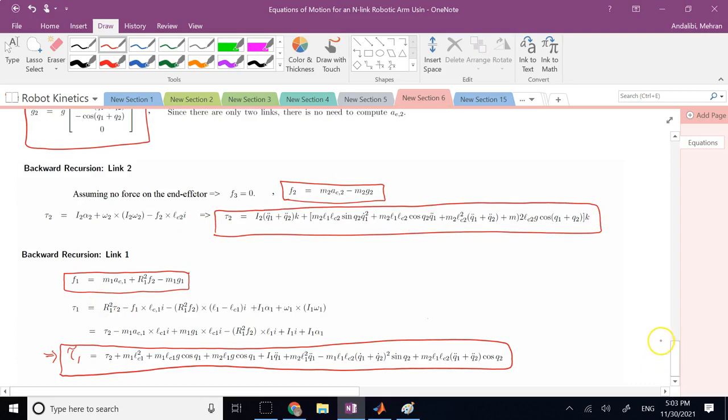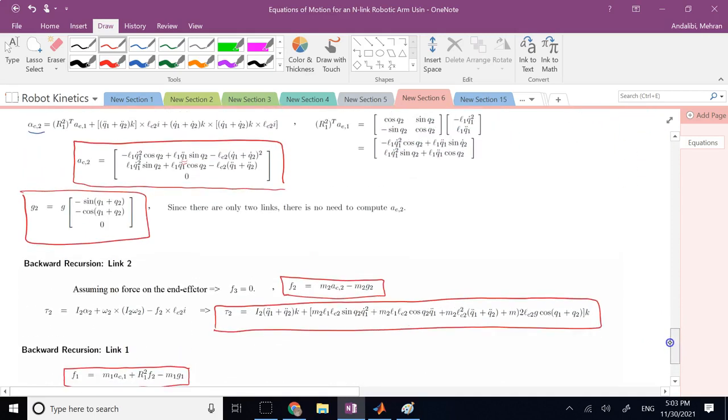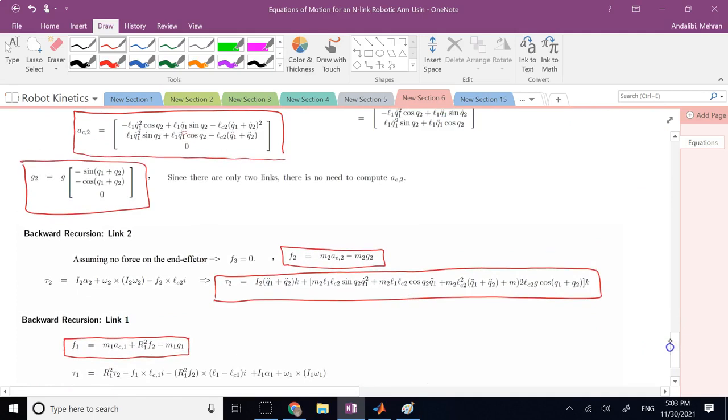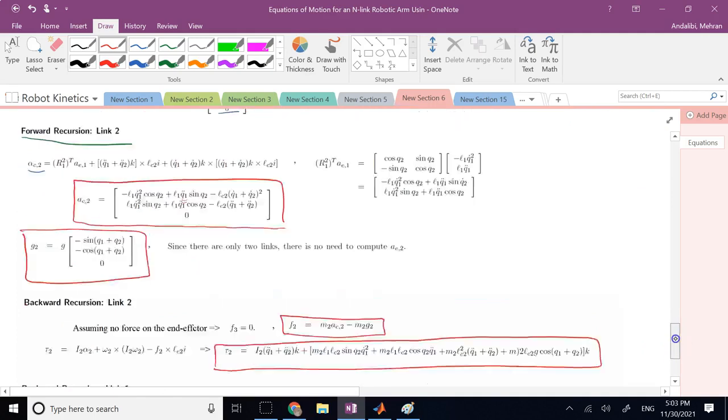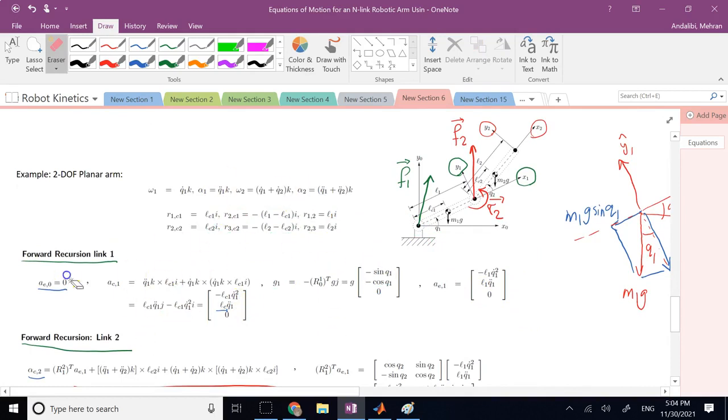And for that, I also need to know G1 and G2, and AC1 and AC2, and that's AC2, G2. And then here is AC1 and what? G1. So once I have all of this, then I am good to do any, let's say, MATLAB simulation or anything for that matter.